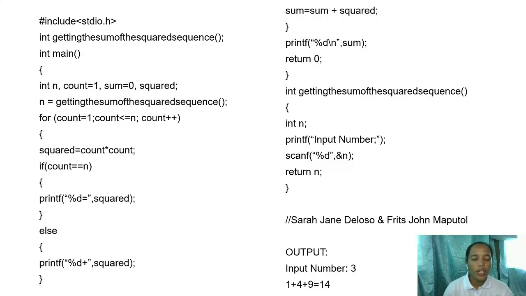Let's start with the #include <stdio.h>. This is the first to type because this is the one to make the code function properly. Without this, our code cannot function or read the input, and especially it cannot display the output screen.